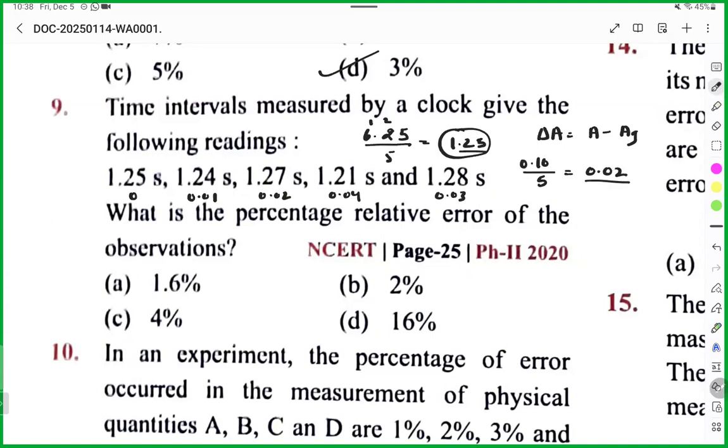Mean of the average is 0.02. What is the true value? 1.25. Multiply by 100. So it is like 2 by 125 multiplied by 100. 8 by 5. Is it 1.6?